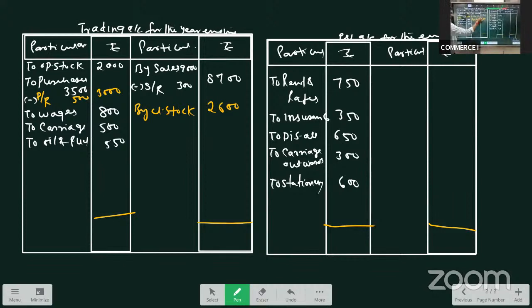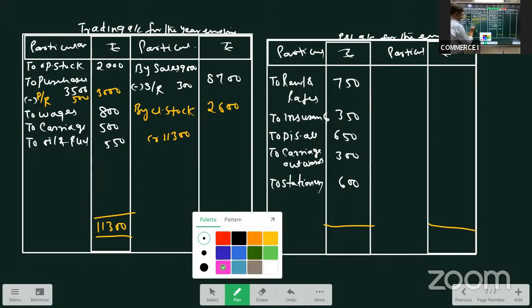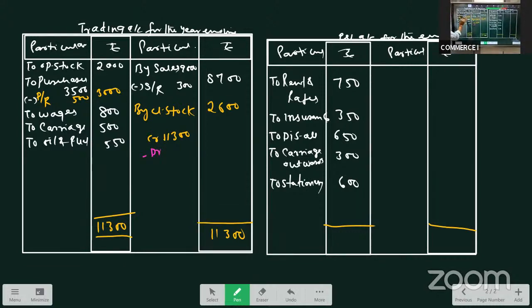Okay. So see, on the credit side the total is 11,300. Then on the debit side, if you deduct 6,850, what we'll get is 4,450.